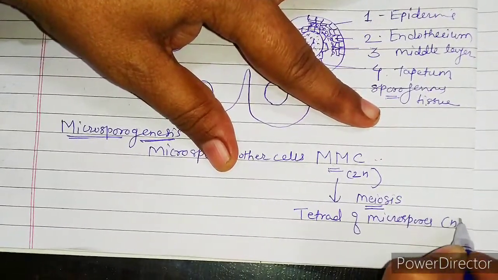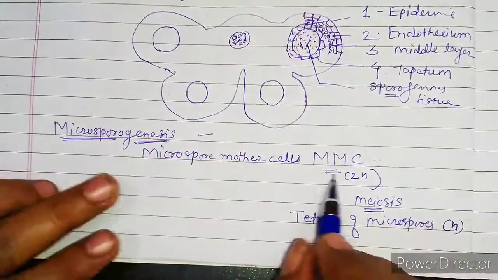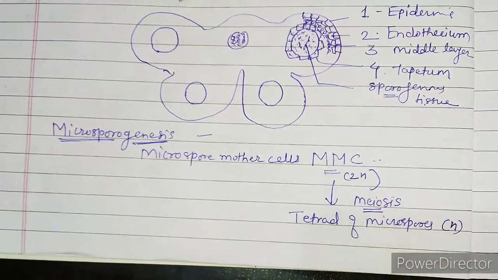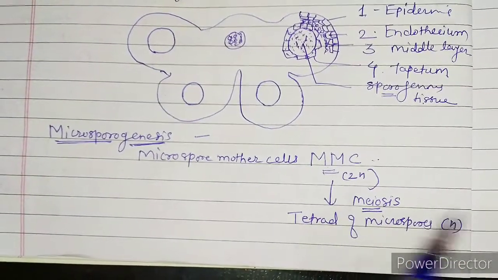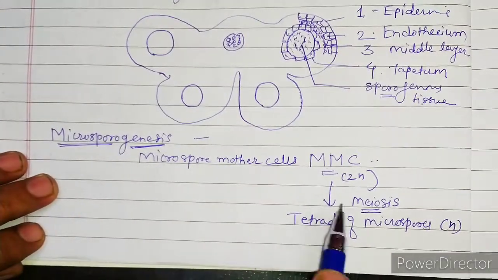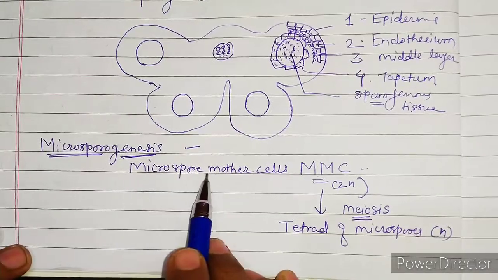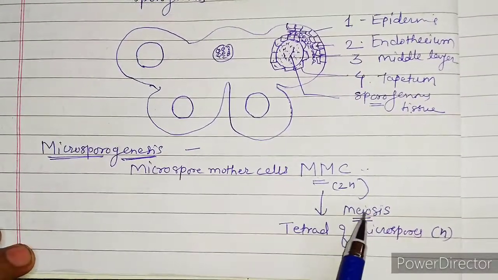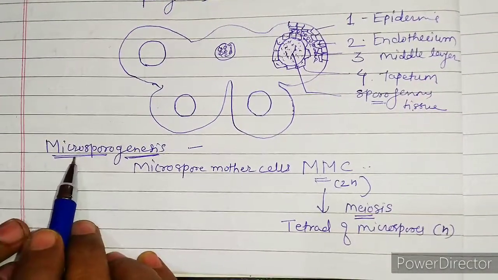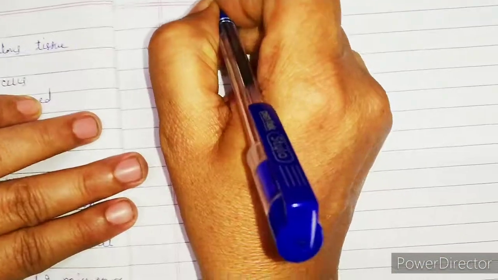And you know that haploid, we can write here n number of chromosomes, and diploid means having 2n number of chromosomes. So this is called microsporogenesis. In short, formation of microspores from the microspore mother cells by the process of meiosis is called microsporogenesis. Okay, now we will see the structure of microspore.